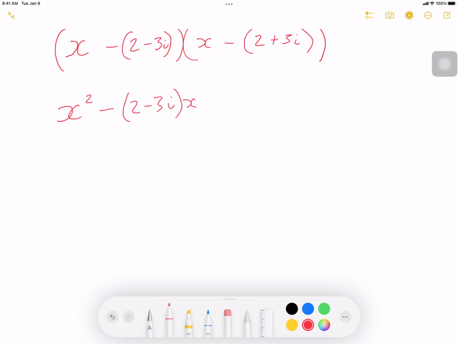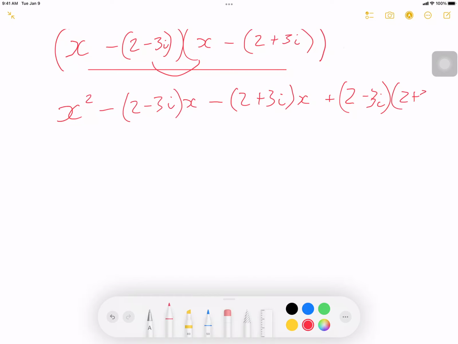So I'm just multiplying these together, and then I'm going to multiply those outsides together, so I've got minus 2 plus 3i times x, and then at the end I'm going to have 2 minus 3i times 2 plus 3i.